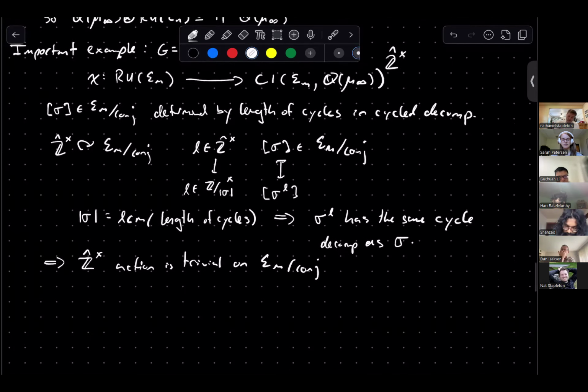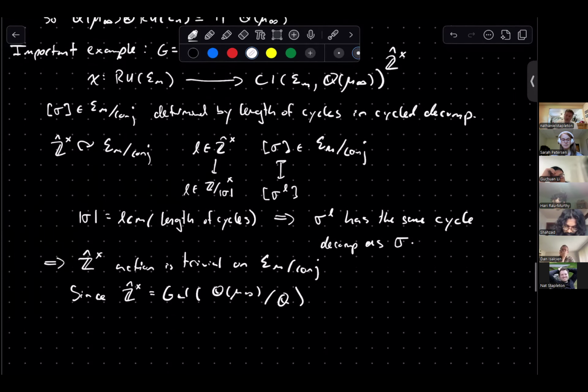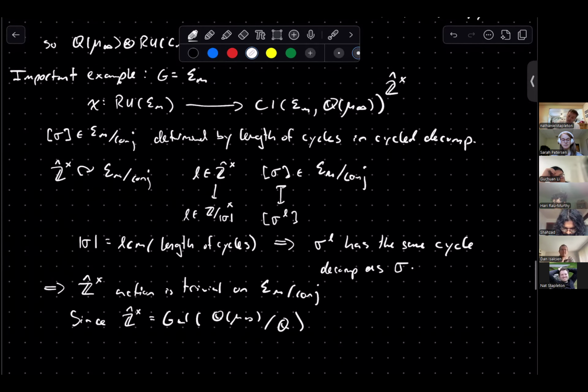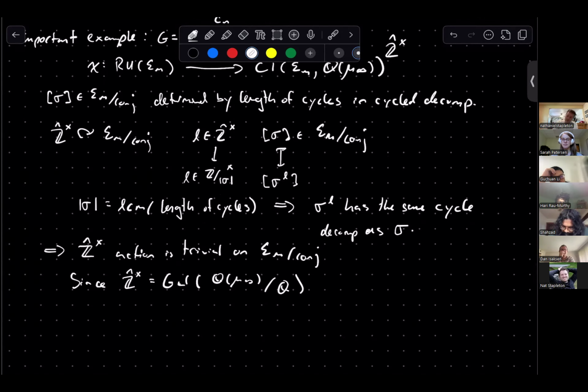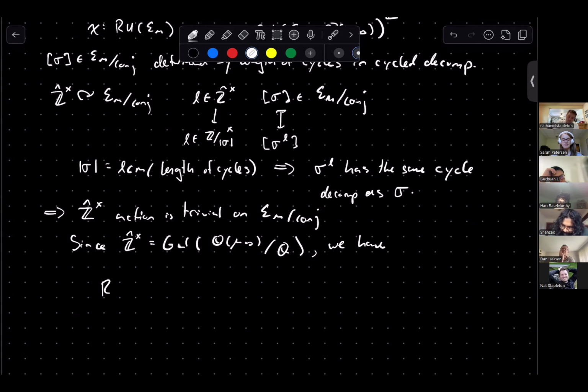So since Ẑ^× is the Galois group of Q adjoin μ_∞ over Q, and since the Ẑ^× action on conjugacy classes in Σ_M is trivial, we learn that the character map lands in rational valued class functions on Σ_M. So R_U of Σ_M lands in CL(Σ_M, Q).